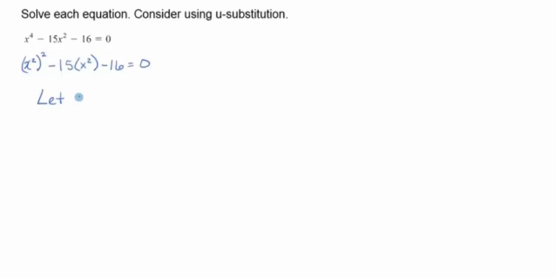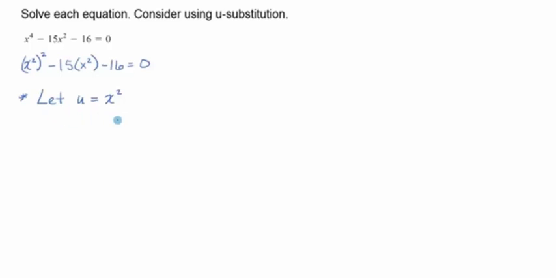What we do is we say let U equal x squared. Now you're going to have that statement. If you don't have that statement, you're more than likely going to get lost in the process of solving these types of equations.